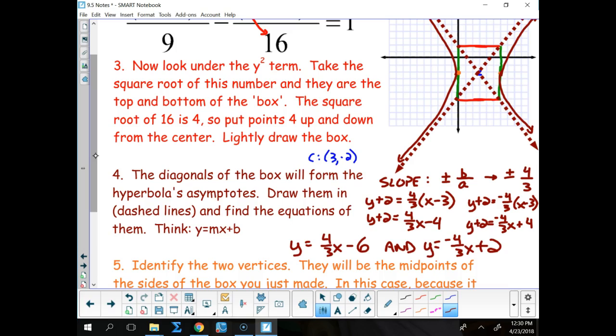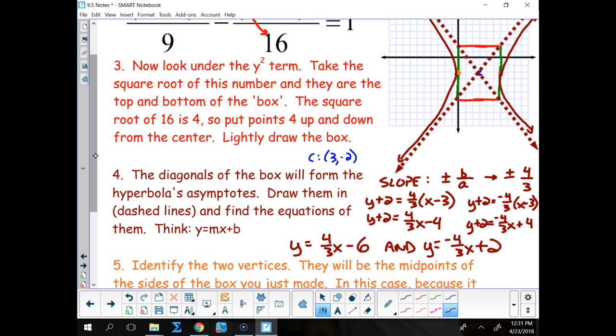Center, vertices, asymptotes. Yeah, the equation of the asymptotes. The midpoints are the vertices. Foci. Okay, so there's 7 things that I'm going to ask for on them.